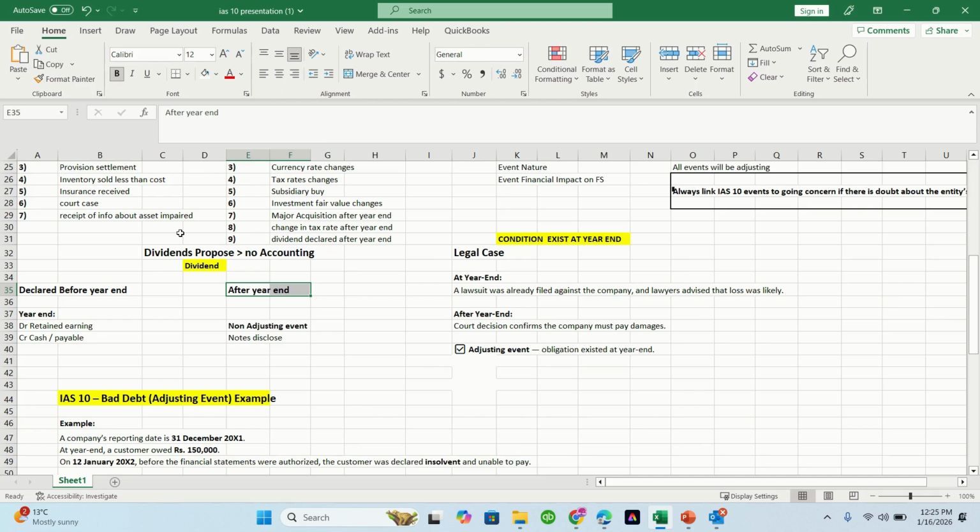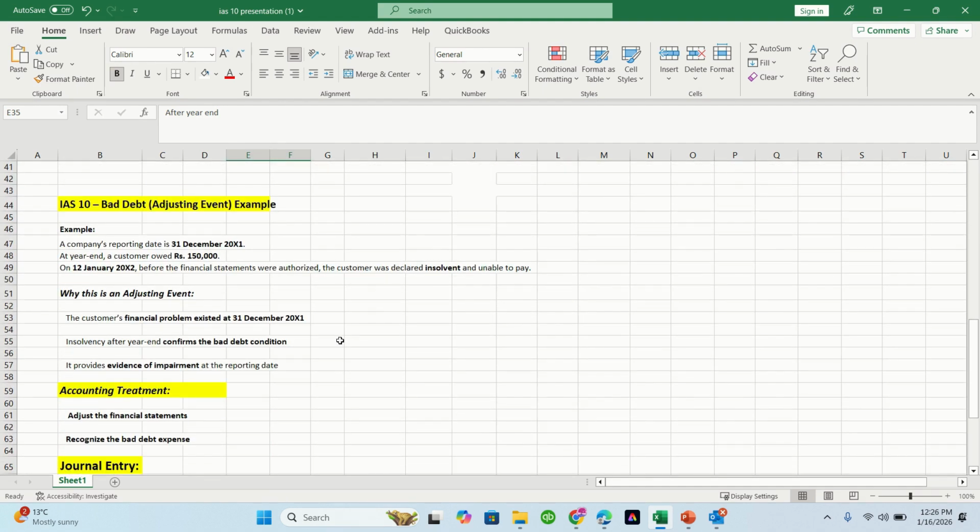If it is declared before year end, it is recorded in our financial statements. And if it is declared after year end, no condition exists at our reporting date. So in this case, the dividend will become a non-adjusting event, and such a dividend just requires disclosure in the notes.